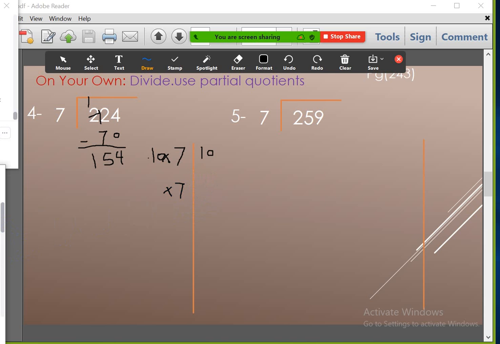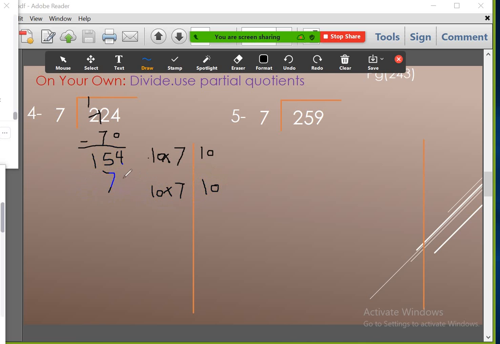Zain, I want you to help me choose any number to multiply with the divisor. Choose any number. I told you the easier number is what? 10. Very good. So I will multiply 7 with 10. It will be 70.